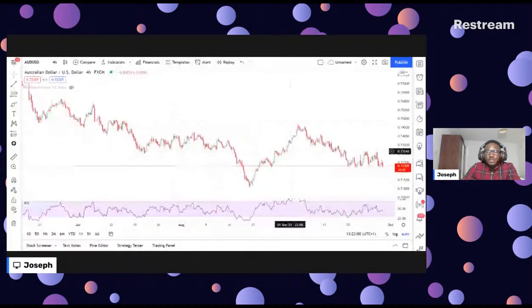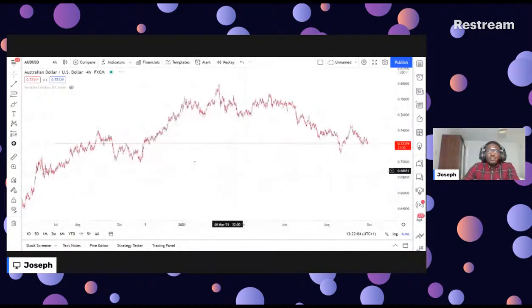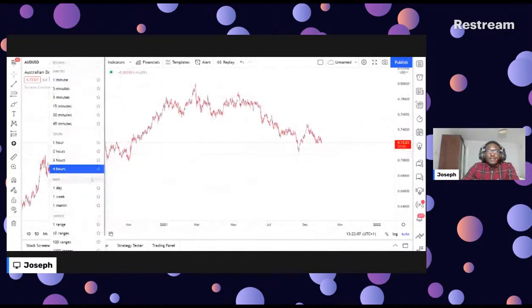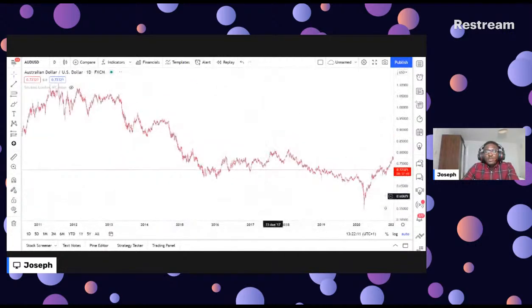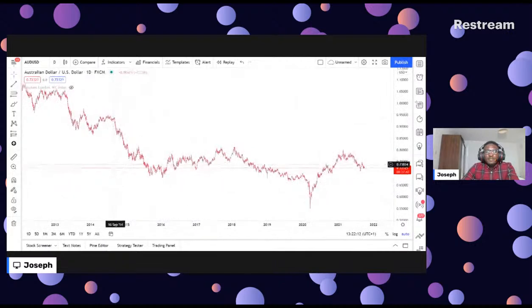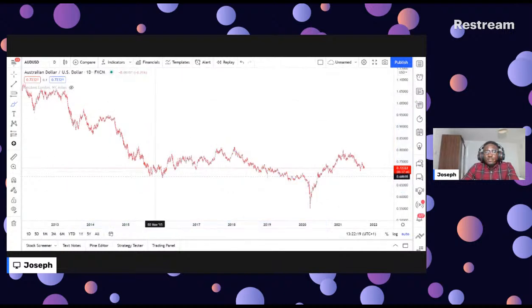Aussie dollar, get rid of this. Top-down analysis. Let's look at the daily chart. Okay, we have a bearish market here, right? A totally bearish market. And the structural points that you have to keep an eye on. This is a structure here.